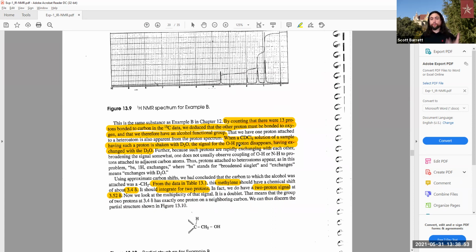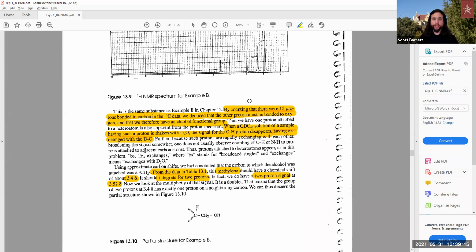One important piece of information they're saying here is that when you use deuterated chloroform, it exchanges with the signal for the OH. So the OH proton will disappear. Usually you won't really see alcohol protons because the deuterium will exchange with the hydrogen on your oxygens. So we can kind of ignore that.